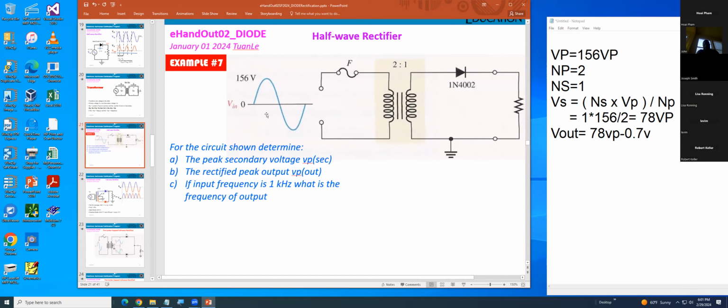So the V peak is not 78, but 78 minus 0.7, which is 77.3. So basically the output will be 77.3 V peak.